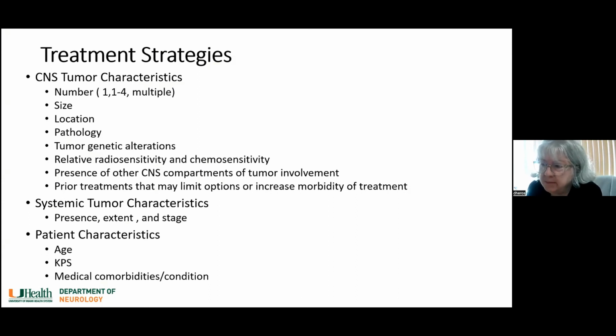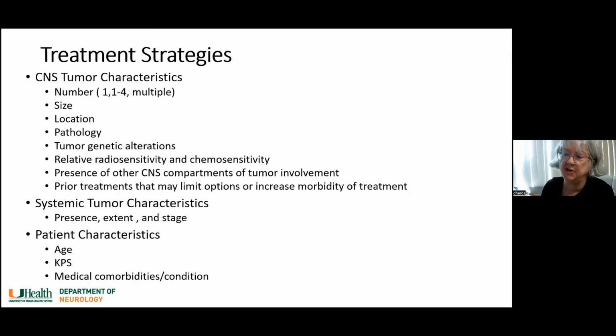Oftentimes, prior treatments may limit our options because there may be prior radiation. Prior SRS, for example, increases the risk of radiation necrosis if we're going to plan on whole brain radiation therapy and so on. The systemic disease status is a big factor, and that's why in tumor board, we're constantly asking the status of the systemic disease, the ongoing treatment for systemic disease, because that can influence our neurologic management.